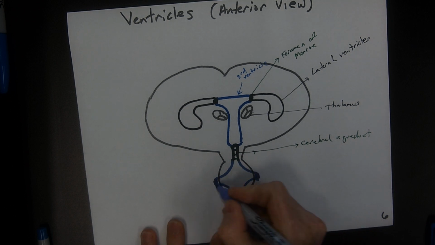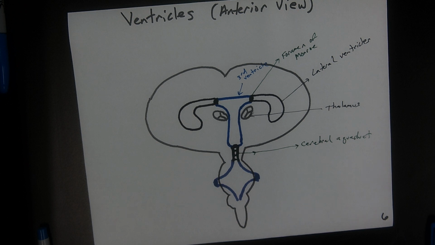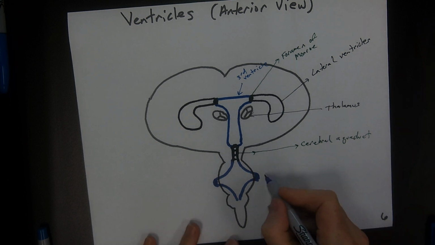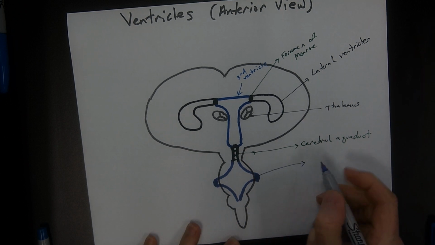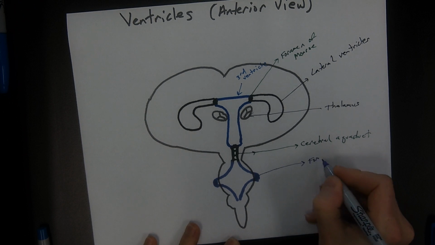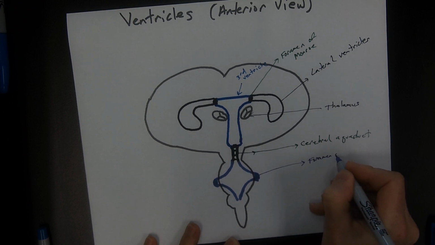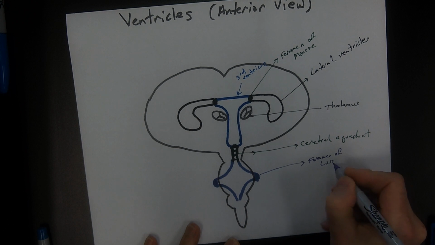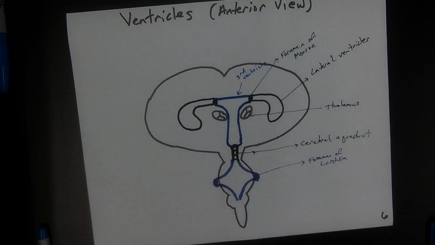There's two of them, right? We only saw one a little bit ago, but now you can see both of them because they're on the side. S-C-H-K-A. That's your foramen of Luschka.